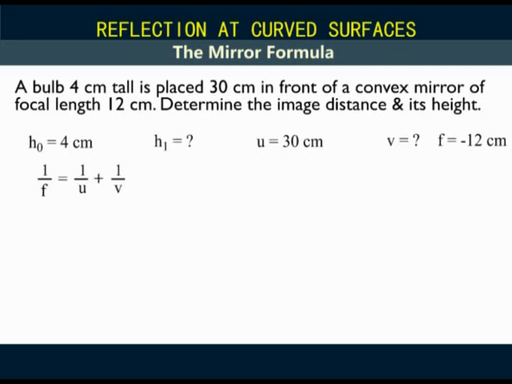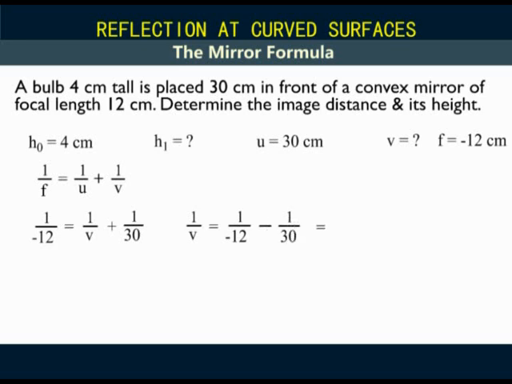1 over F is equal to 1 over V plus 1 over U. That means 1 over negative 12 is equal to 1 over V plus 1 over 30. So 1 over V is equal to 1 over negative 12 minus 1 over 30.